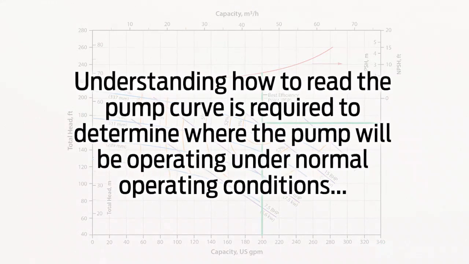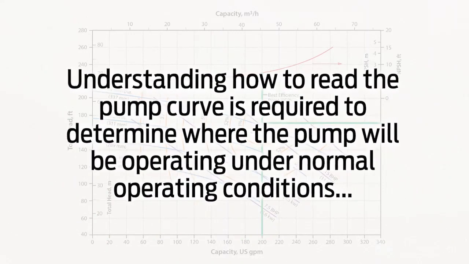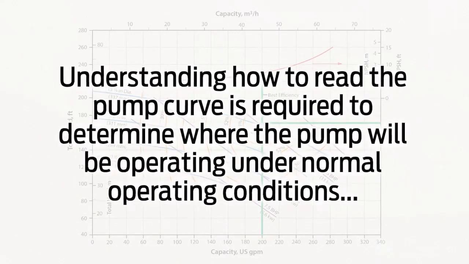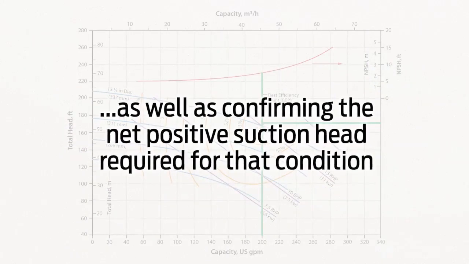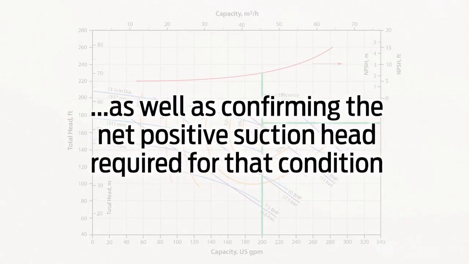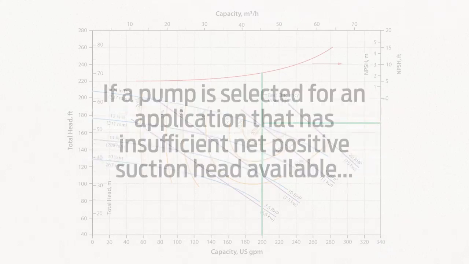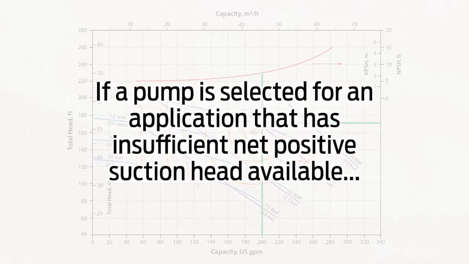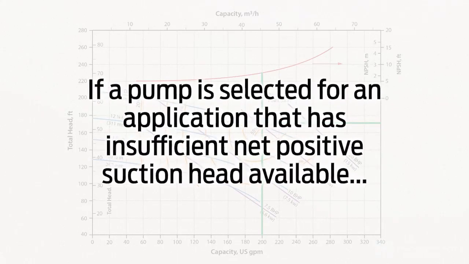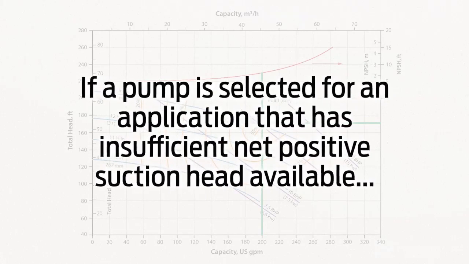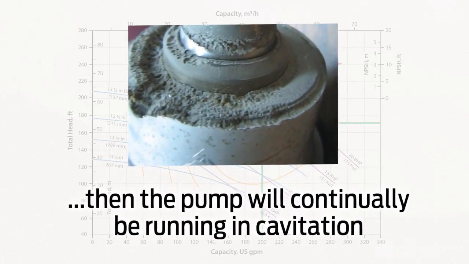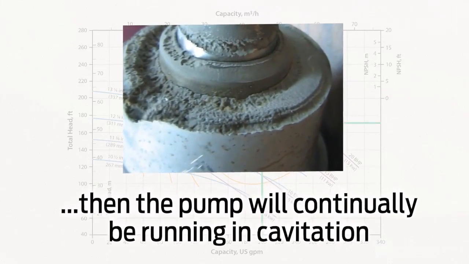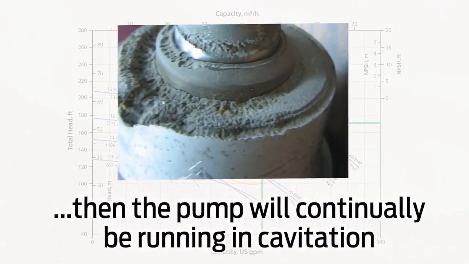Understanding how to read the pump curve is required to determine where the pump will be operating under normal operating conditions, as well as confirming the net positive suction head required for that condition. If a pump is selected for an application that has insufficient net positive suction head available, then the pump will continually be running in cavitation, resulting in increased maintenance costs due to excessive wear.